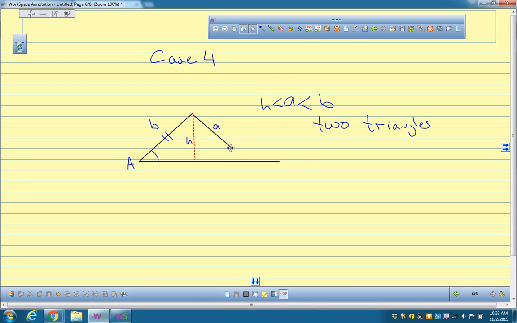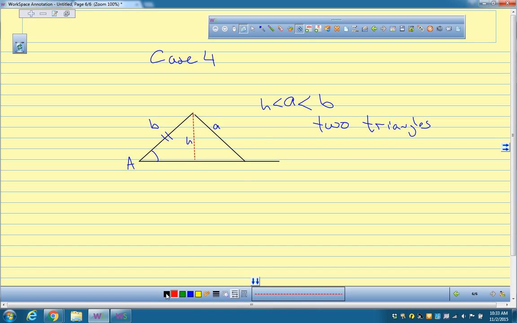So if I had two triangles, let's see if I could stretch them. There we go. If this is side A, this looks more like an equilateral triangle. But side A is bigger than side H, but less than side B. So it can either stretch this way, or side A can go over here.